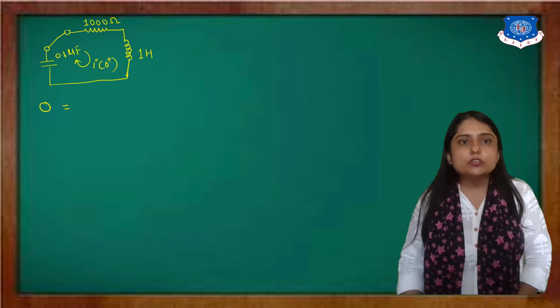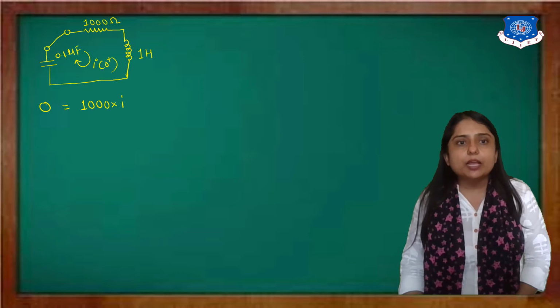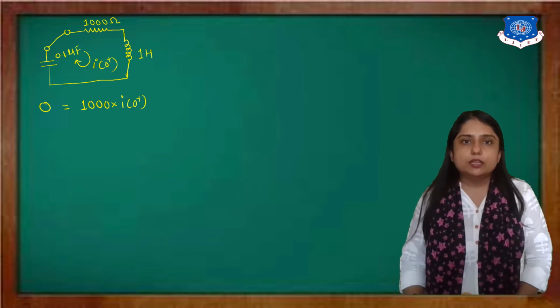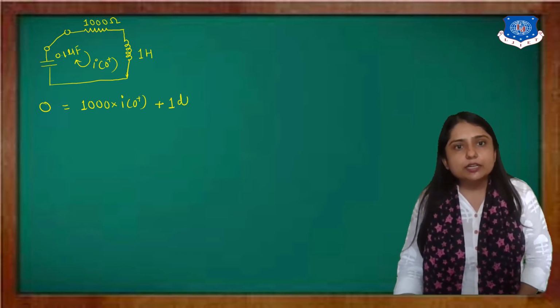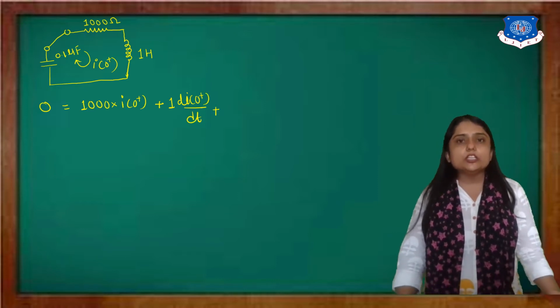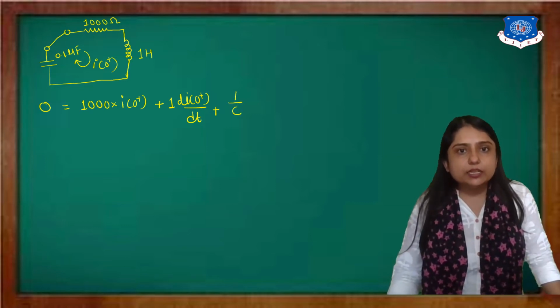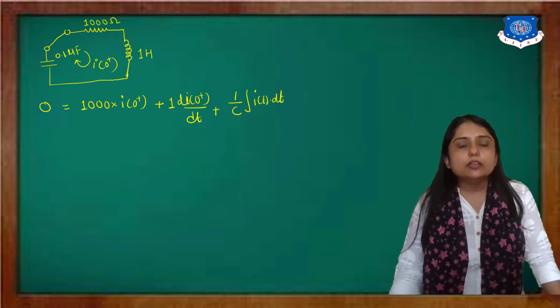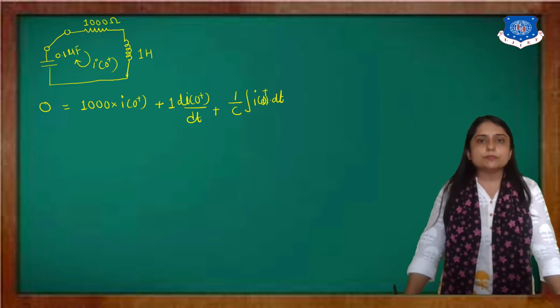The voltage drop across the resistor is 1000 multiplied by I(0+). The voltage drop across the inductor is L di/dt, the value of L is 1, then di(0+)/dt. And the voltage drop across the capacitor is 1/C integration of I(t) dt, and instead of t here we write 0 plus.